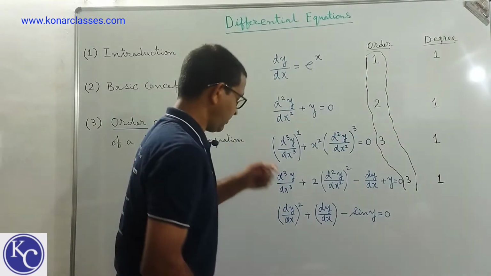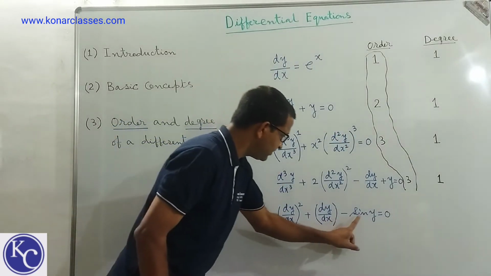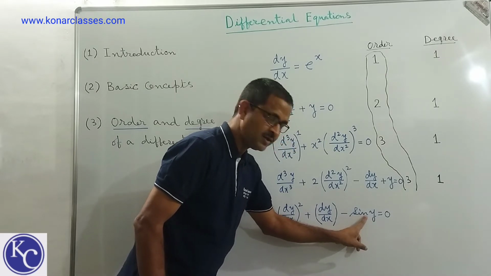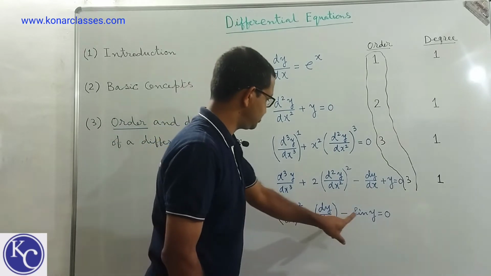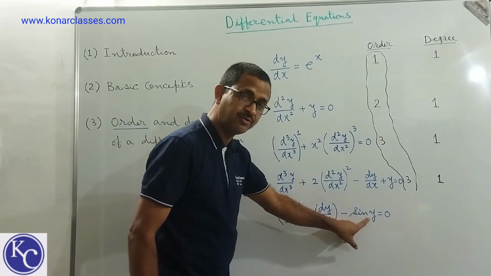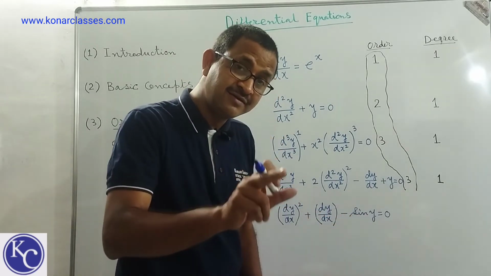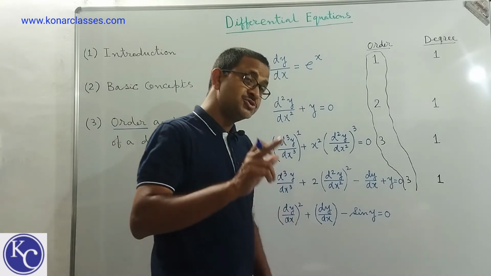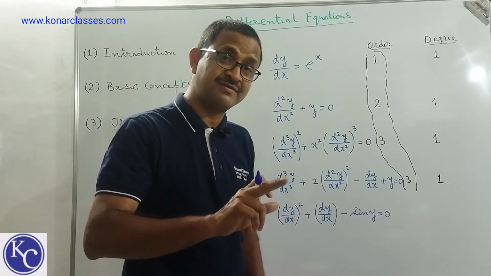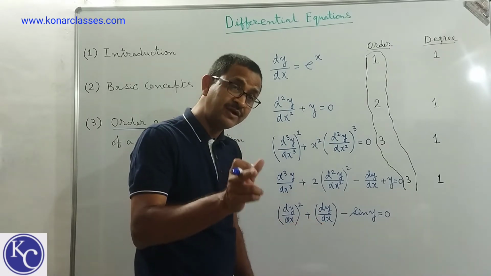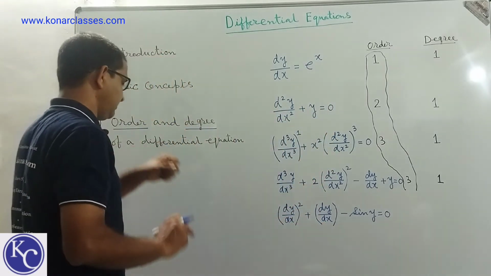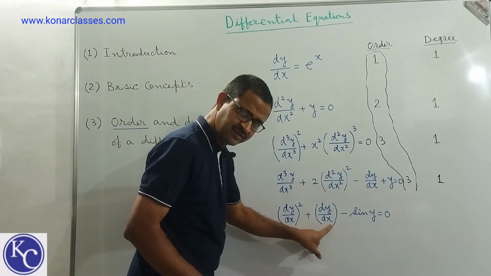This is an interesting one. If you expand sin y, that is not a polynomial expression, but we should not bother about this. As I said earlier, the differential equation should be expressed as a polynomial expression of the derivatives, then only its degree is possible. So here it is the same case.